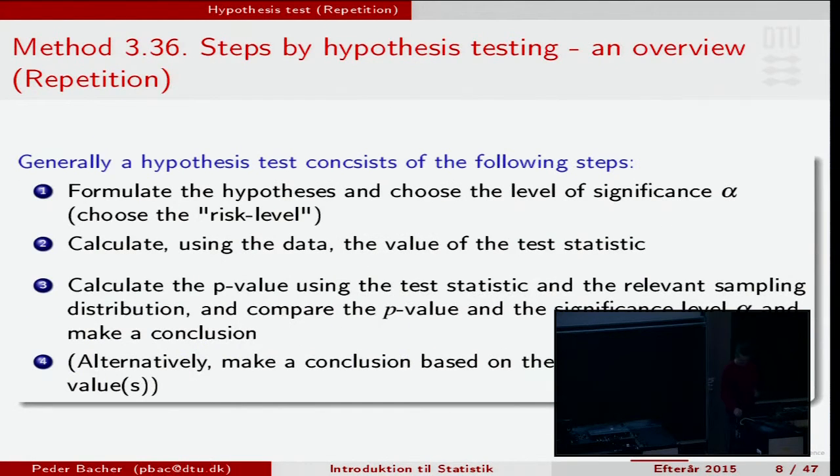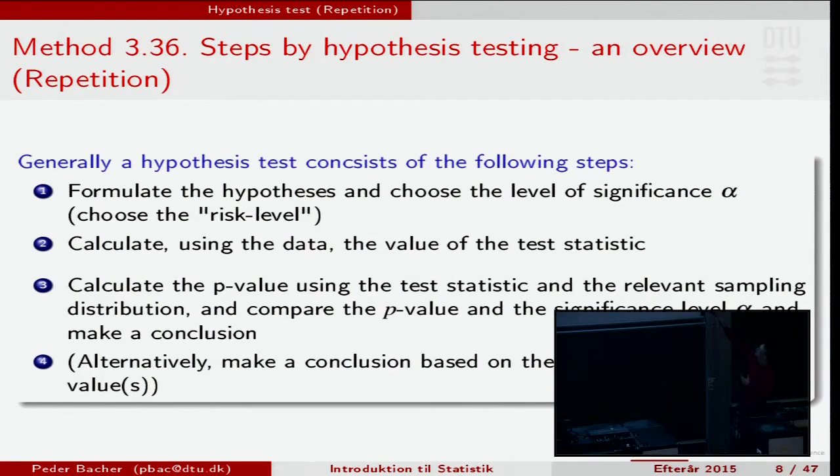So the steps in doing a hypothesis test are, first, formulate the hypothesis. Actually, we should do that even before we do the experiment: before we say what we want to find out, we need to say in advance what we want to find out.